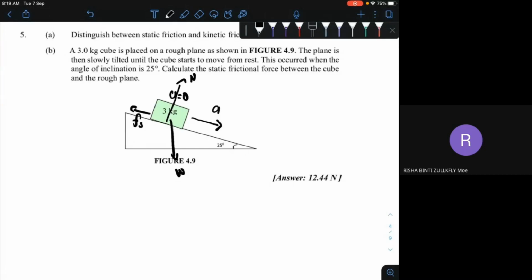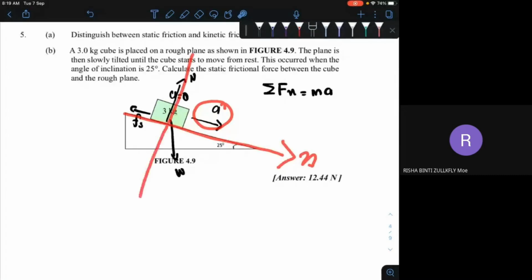Okay, sebab kita nak cari static friction yang berada pada X component, summation Fx sama dengan ma sebab ada acceleration along X axis kamu. Ini X, ini Y kamu.